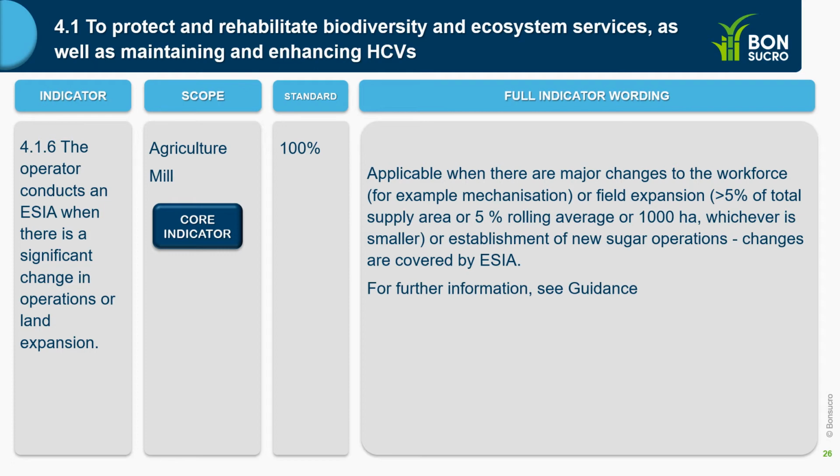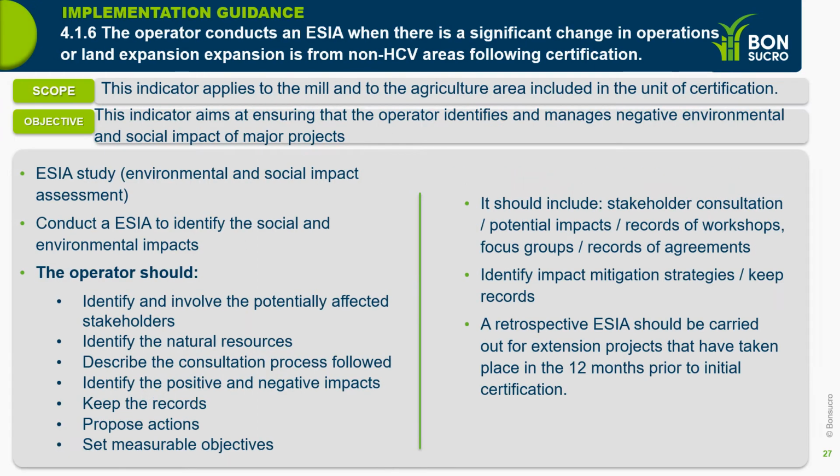So, changes are covered by the environmental and social impact assessment. That environmental and social impact assessment allows to identify the social and environmental impacts. First of all, identify and involve the potentially affected stakeholders in this process, like through consultation, but also identify the environmental impacts of this new operation or new planting.